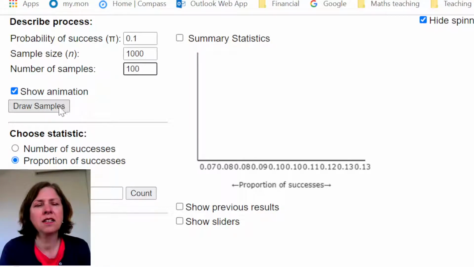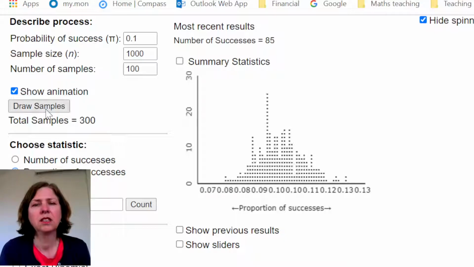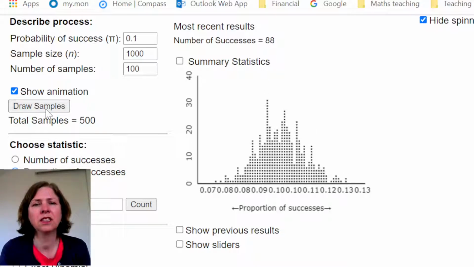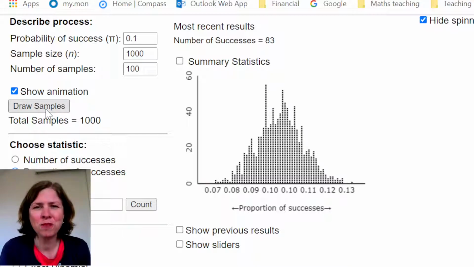Let's start with 100 samples. Another 100, another 100, another 100. Let's do multiple, multiple. Okay, it's got a very determined peak there, which I didn't anticipate, but that is very close to the actual value that the peak would be.